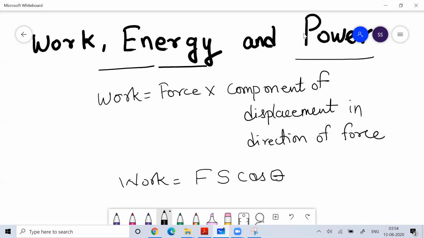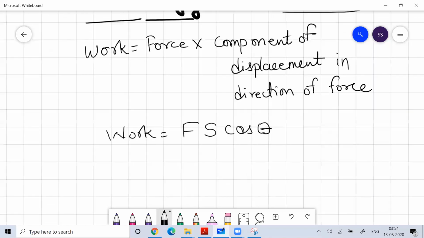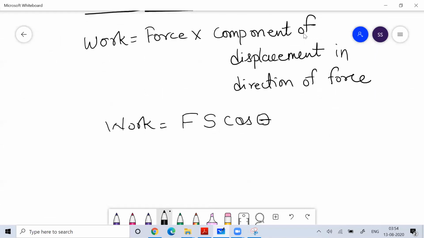The SI unit of work is joule, and the CGS unit of work is erg, where the relation between them is 1 joule equals 10 to the power 7 erg.